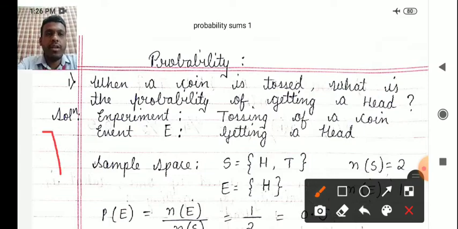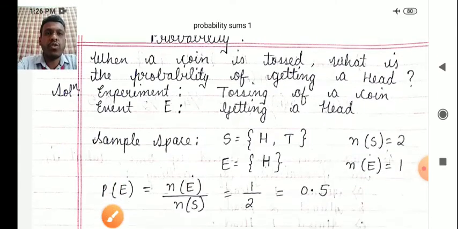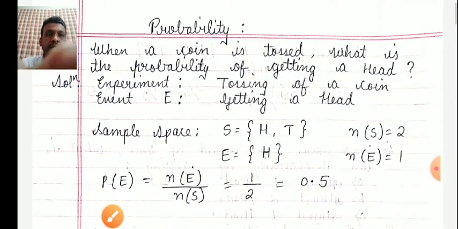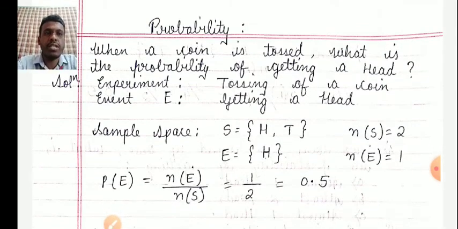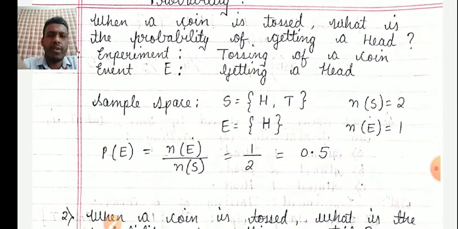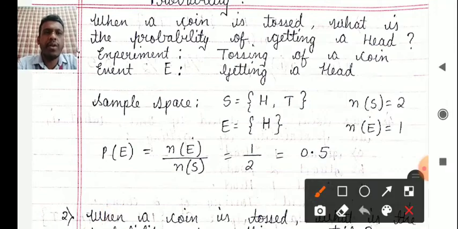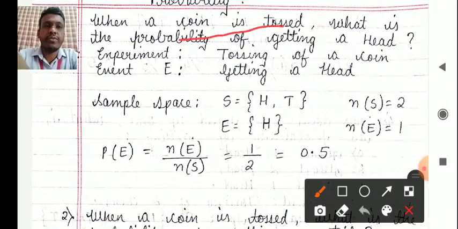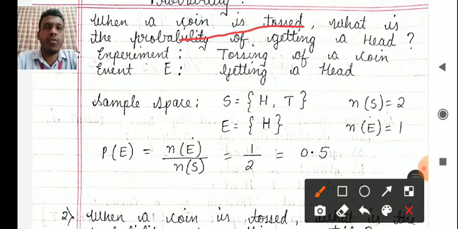So the problem is like this. When a coin is tossed, what is the probability of getting a head? Simple problem. So what is the experiment here?